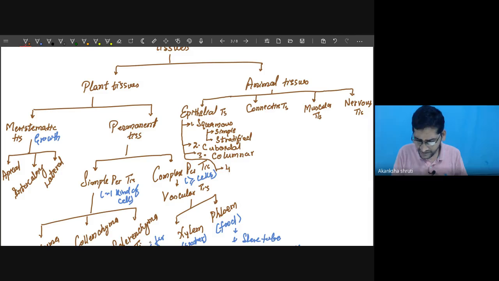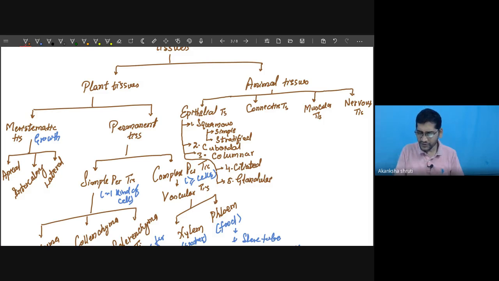The fourth one is ciliated. Cilia means thin finger-like projections. It is in our intestine. We will learn in more detail in class 10th that there are cilia in our intestine for absorbing water and food. Another one: we have a large number of glands, so that kind of tissue is called glandular tissue.